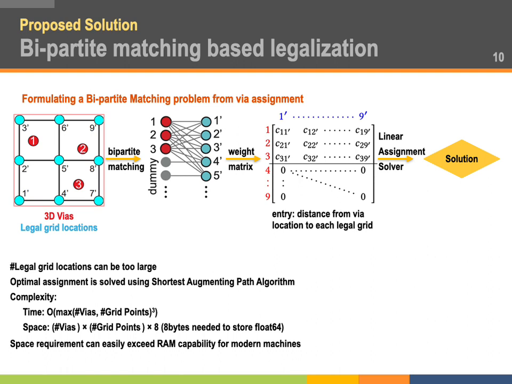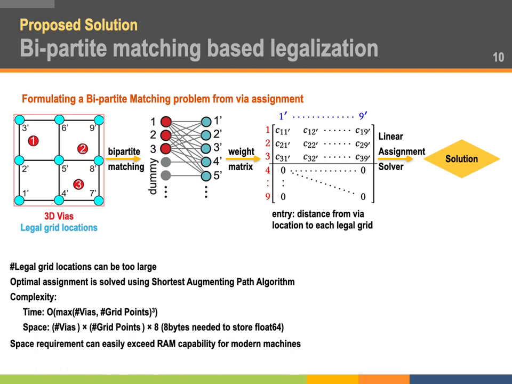From this bipartite matching, we create the weight matrix, and we give this as an input to the linear assignment solver, which gives us the output that minimizes the overall cost of the solution, and so we get an optimal VIA assignment solution.